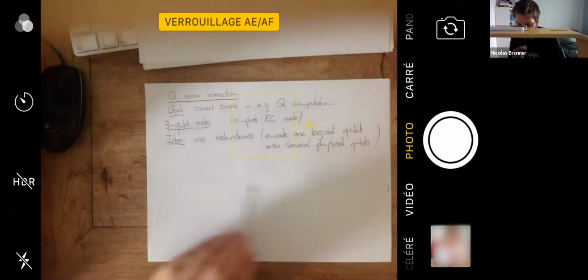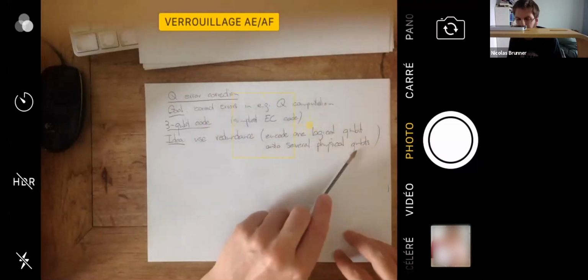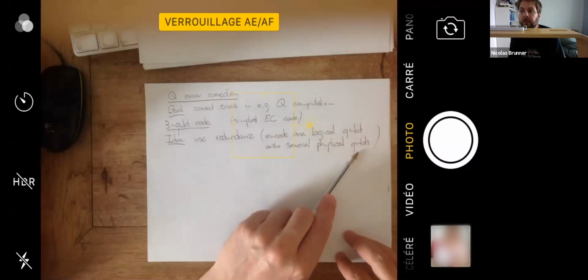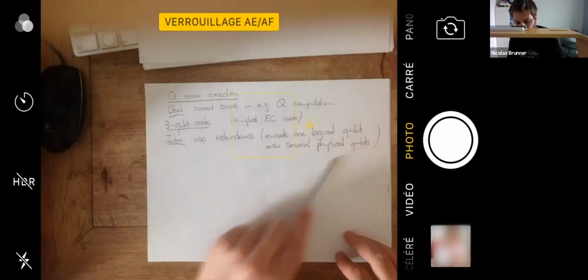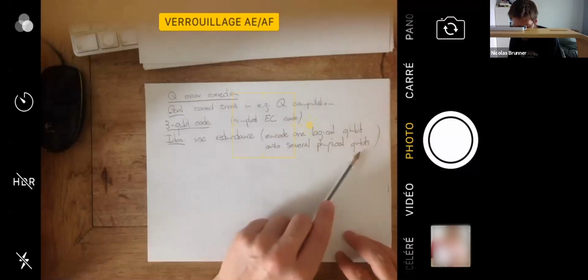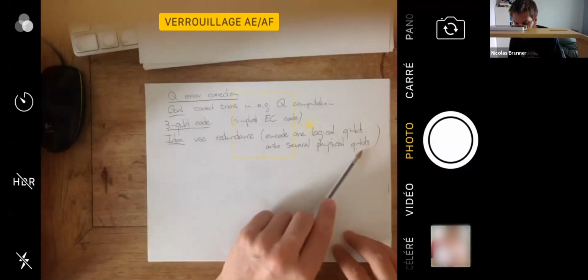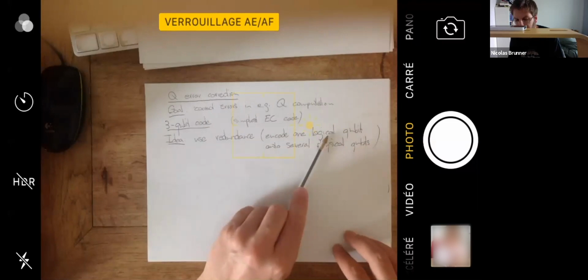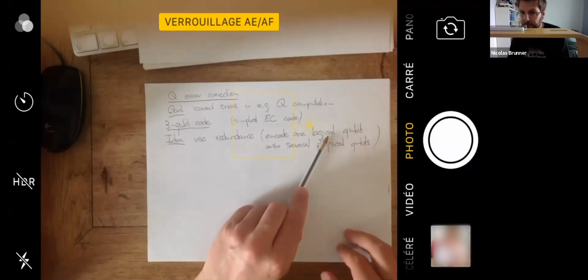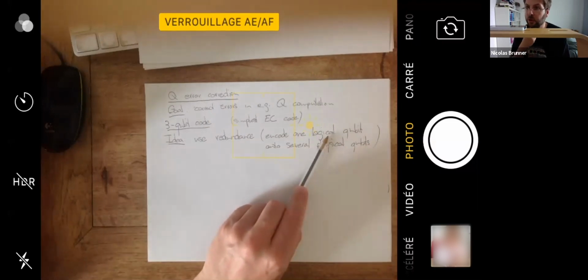The point is that the noise will act on the physical qubits, and if I do my encoding well, then this noise, although it affects the physical qubits, can be corrected with respect to the logical qubit. And therefore I can keep track of the errors.